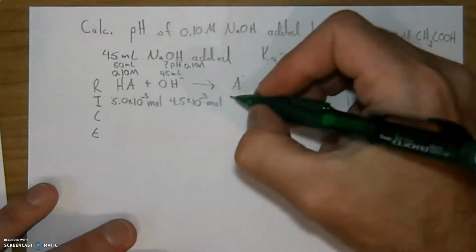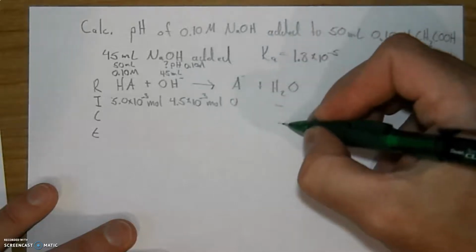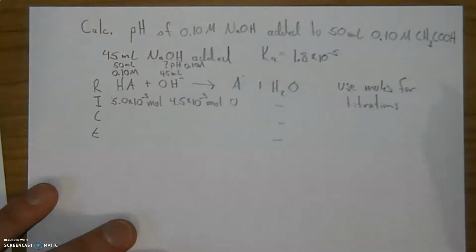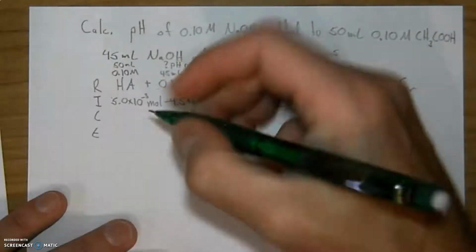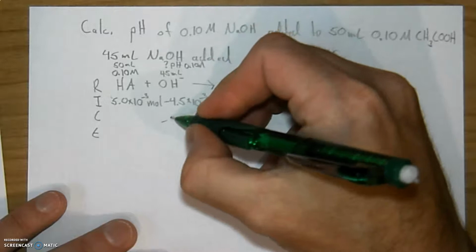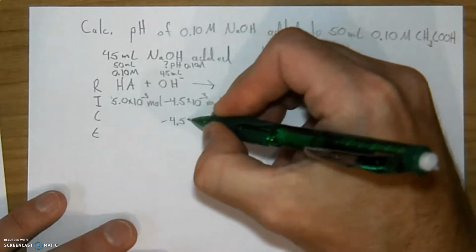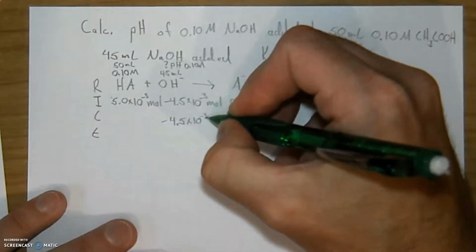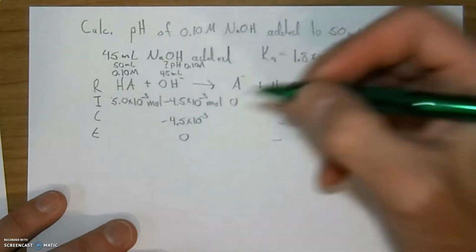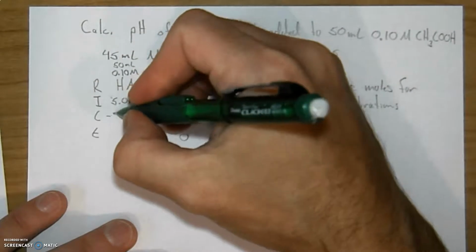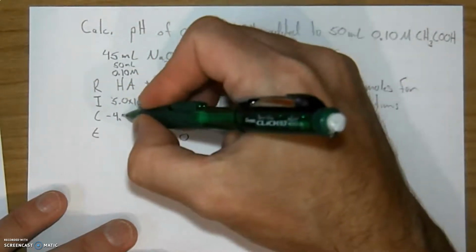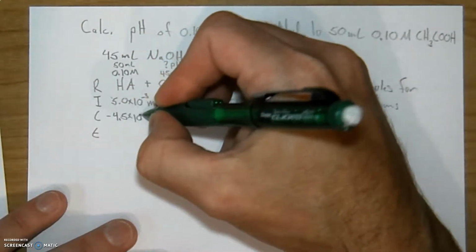Now, of course, starting off here, I don't have any of this, and water I don't really care about. OH is a strong base. It is going to go to completion and take whoever it can with it. So it does react completely, and of course, at the end of the reaction, it's just gone. Now it's going to react equally with the acid. So there it is.